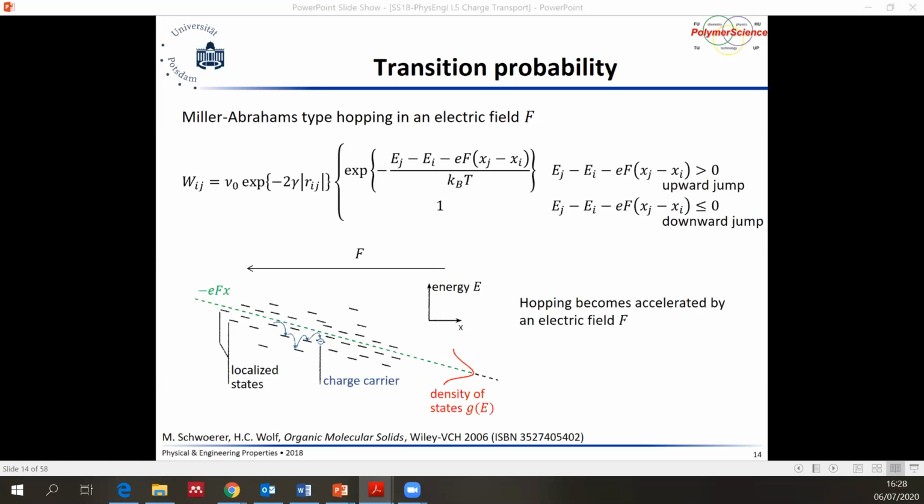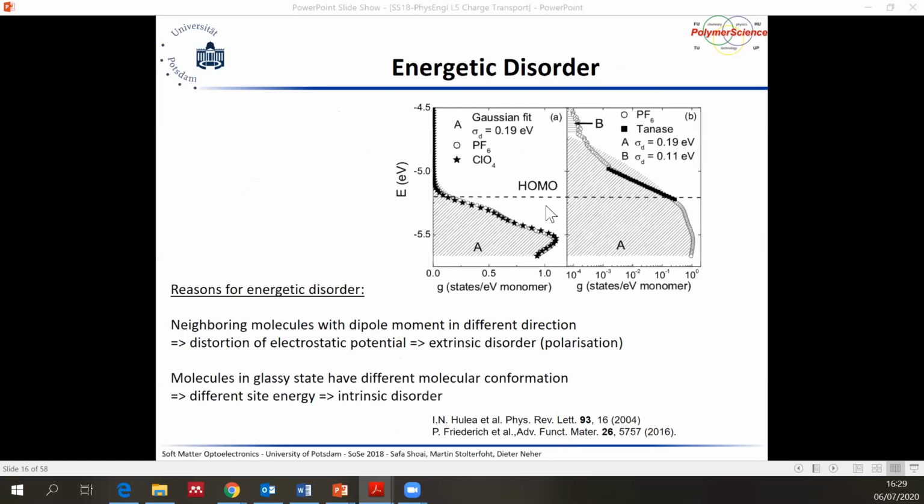So Bässler's model takes this into account by assuming a Gaussian distribution for the site energy, which we call Ei, and the jump distance, which is delta R, with the width of the disorder, sigma. Let me jump a couple of slides ahead, actually.